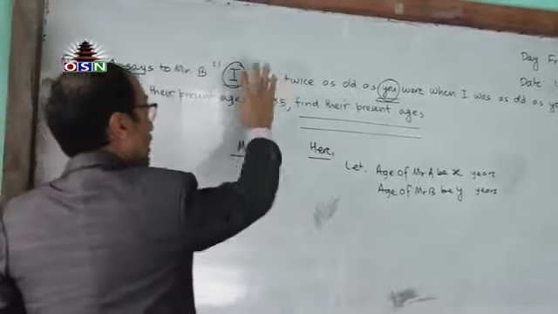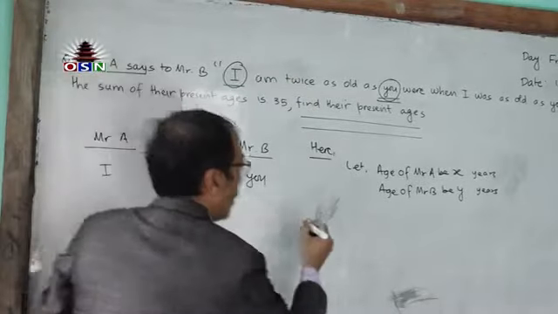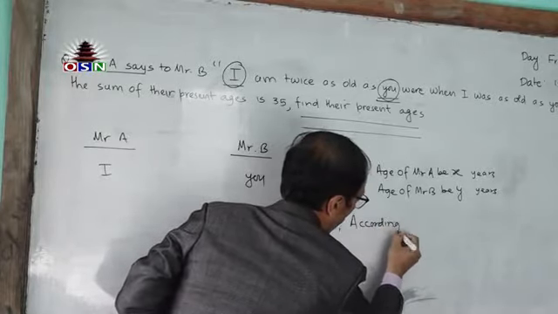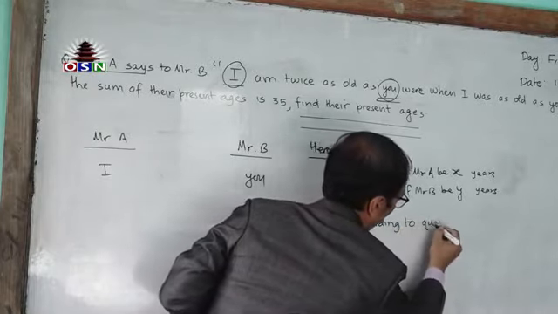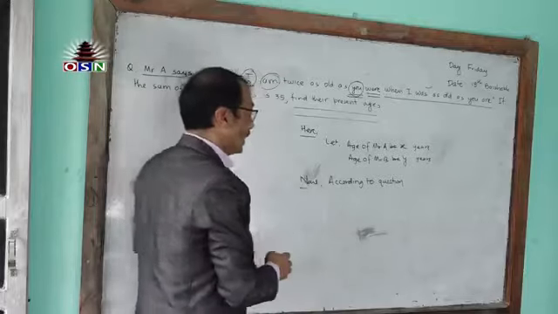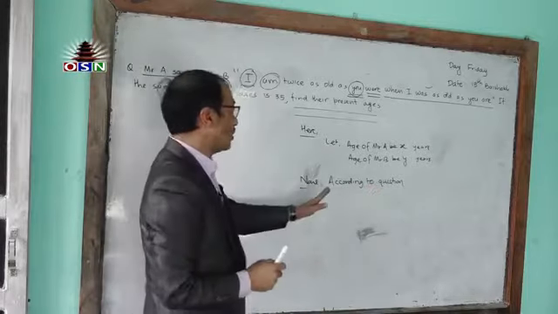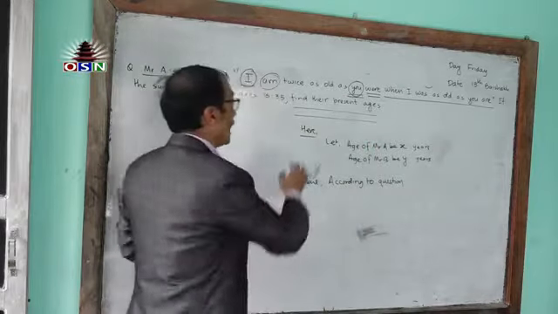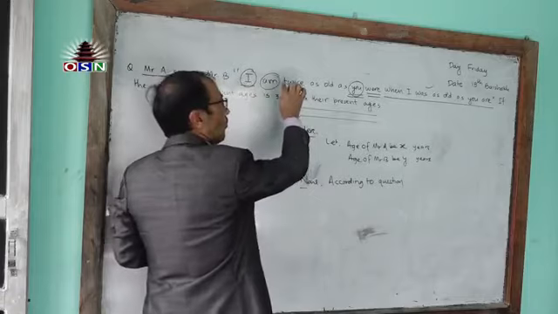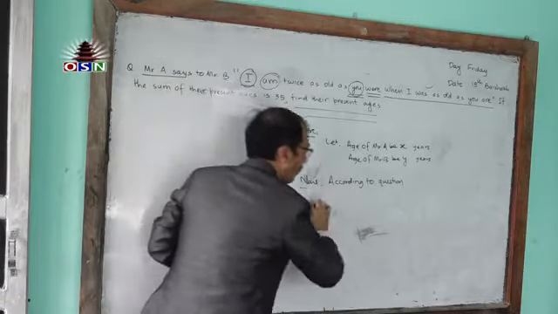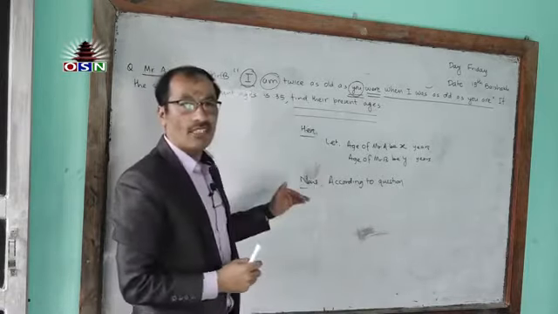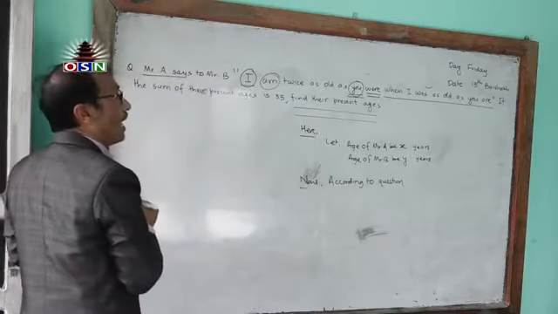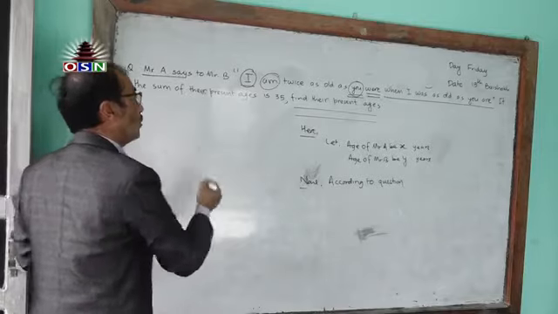Now let's read this question carefully and write according to the question. According to the first statement, we will make the first equation. How to make the first equation? The question says "I am twice as old as you."